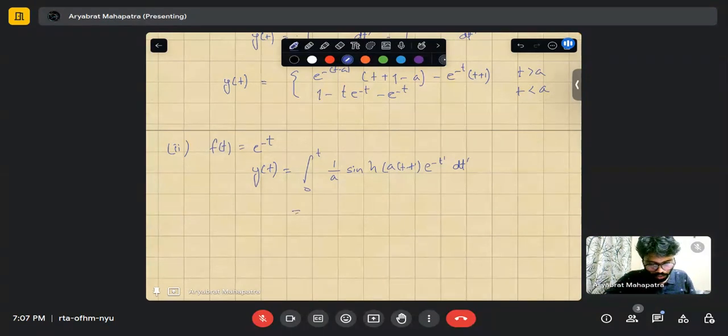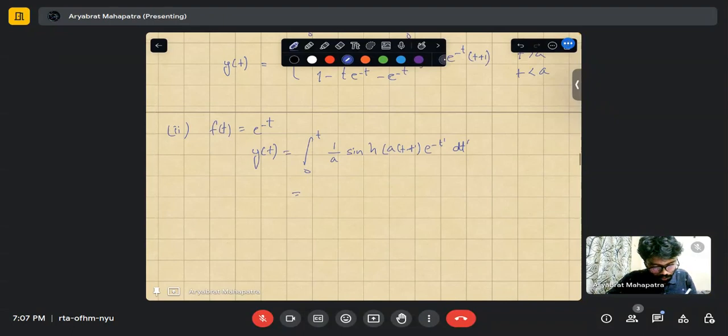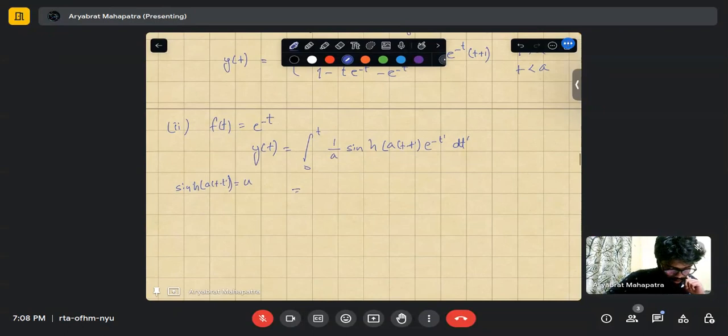Then again you have to solve this integral. One handy trick to solve this integral is to use this substitution, which will give you cos hyperbolic a(t minus t prime).